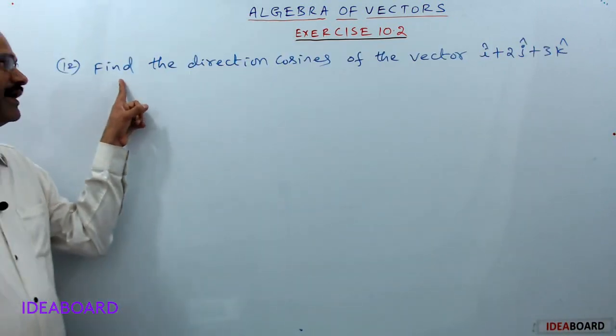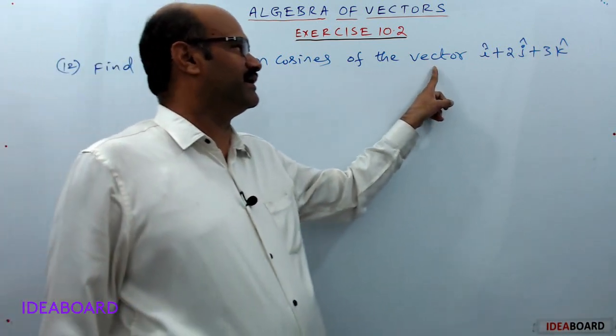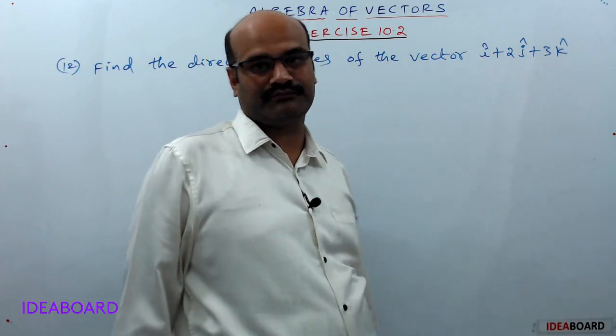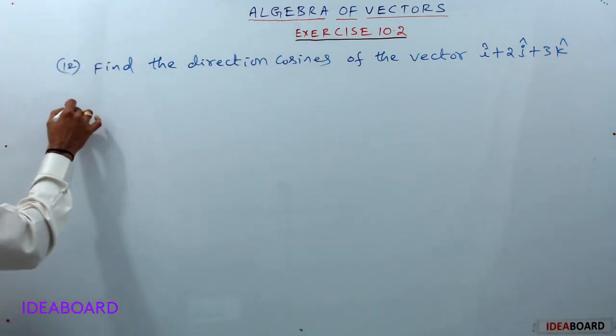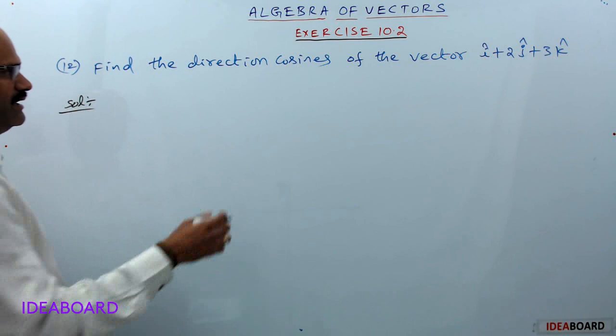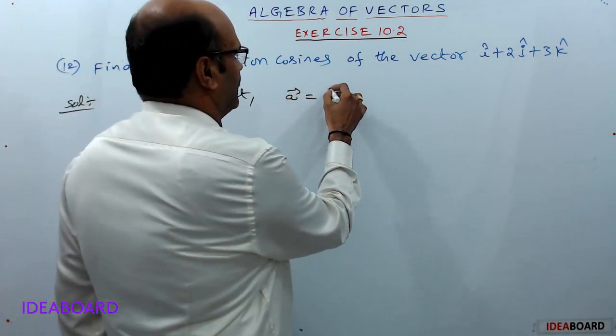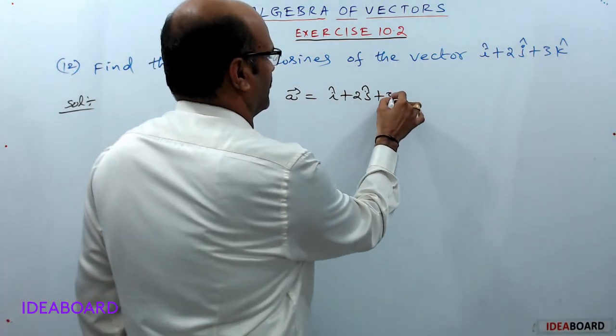Twelfth problem: find the direction cosines of the vector i cap plus 2j cap plus 3k cap. Let a vector equal to i cap plus 2j cap plus 3k cap.